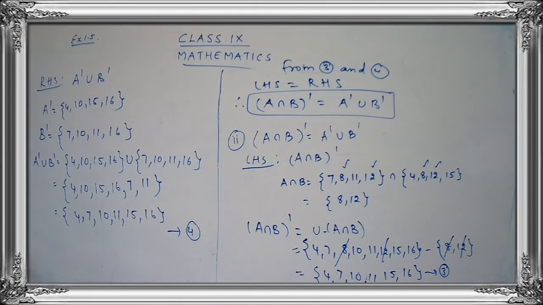I have verified both properties: A union B the whole dash is equal to A dash intersection B dash, and A intersection B the whole dash is equal to A dash union B dash. So we have completed sum number 10.